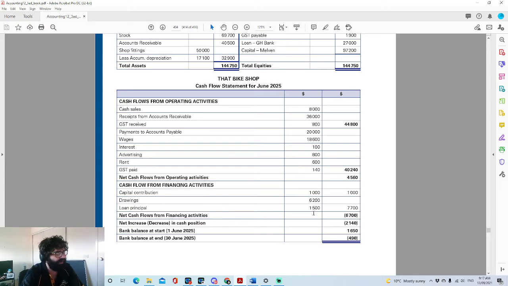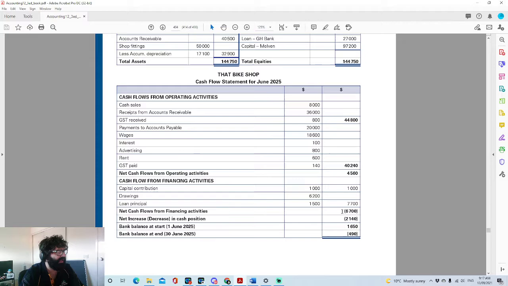That's important later. Drawings are pretty stock standard. That loan principal will tell us everything we need to know about the current liability, so I will unpack that for you. Then we see a net cash outflow for financing of $6,700 and a net decrease in cash position of $2,140.